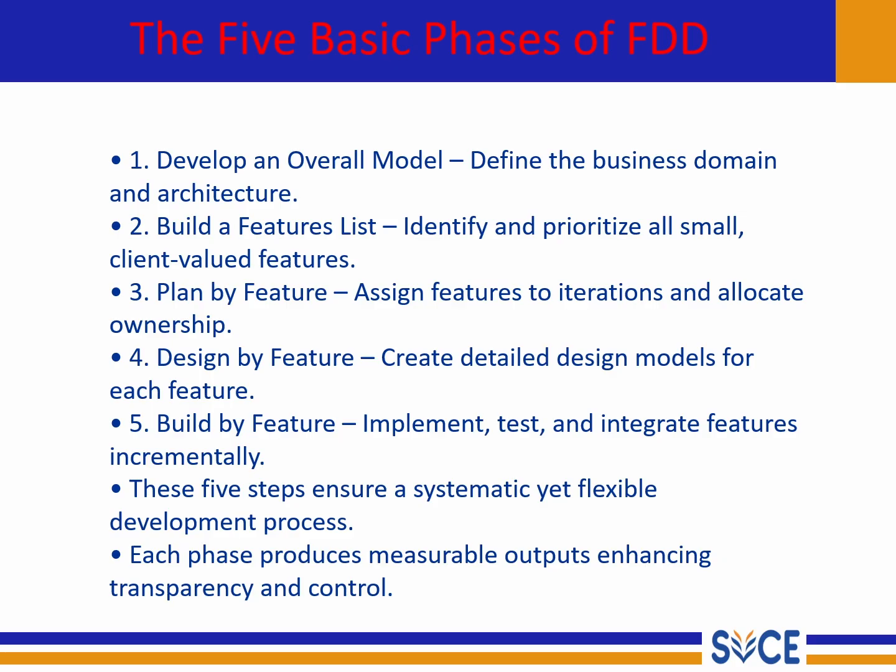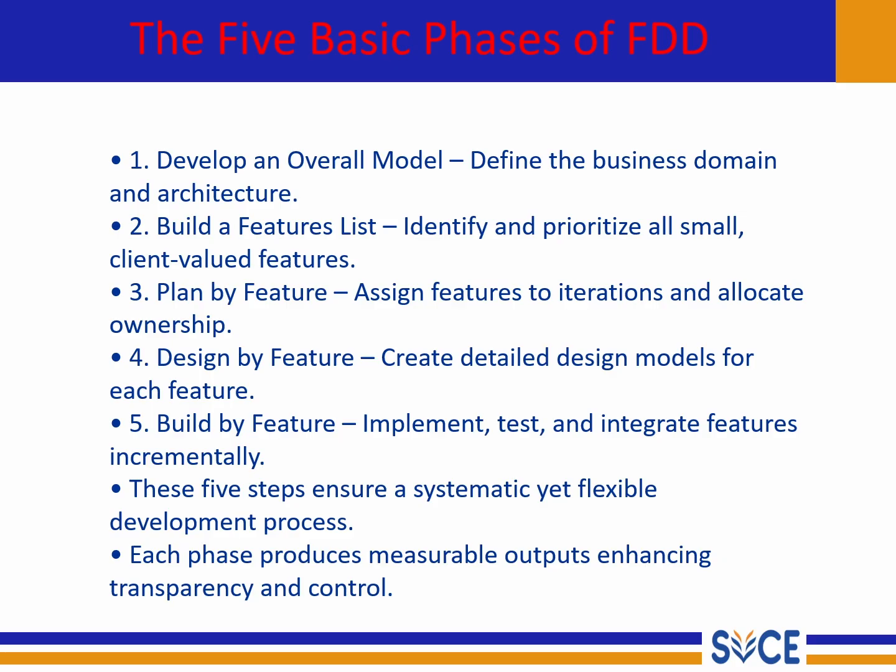Once the model is ready, we move to the second phase, which is to build a features list. Here the focus is on identifying and prioritizing all the small, client valued features. Remember, in FDD everything revolves around the features. So this list becomes the heart of the project. It tells us what needs to be built and in what order, based on client value.